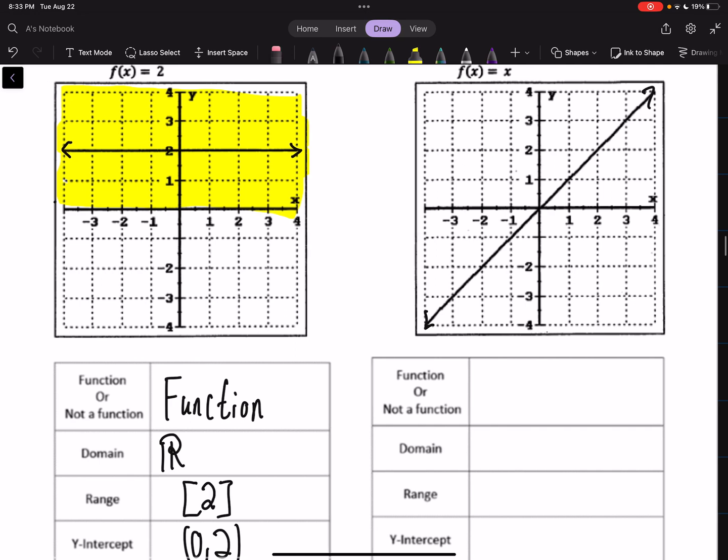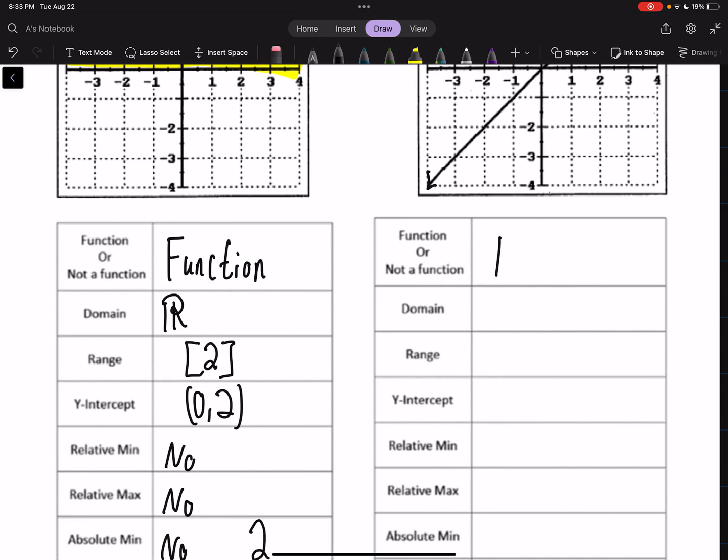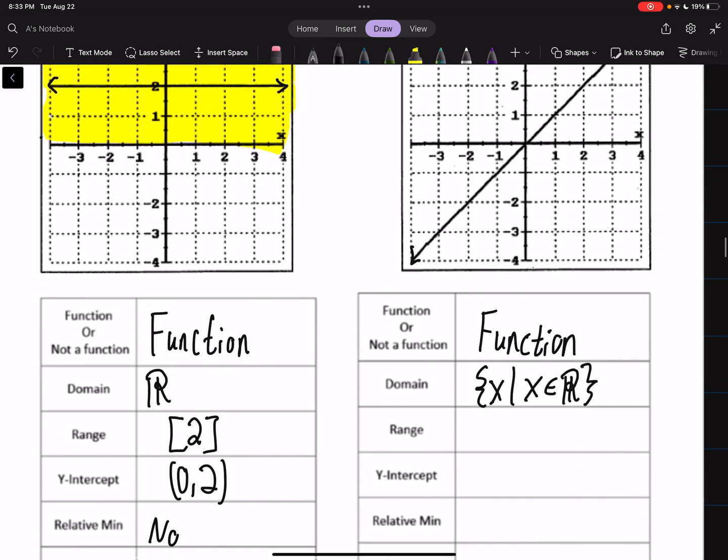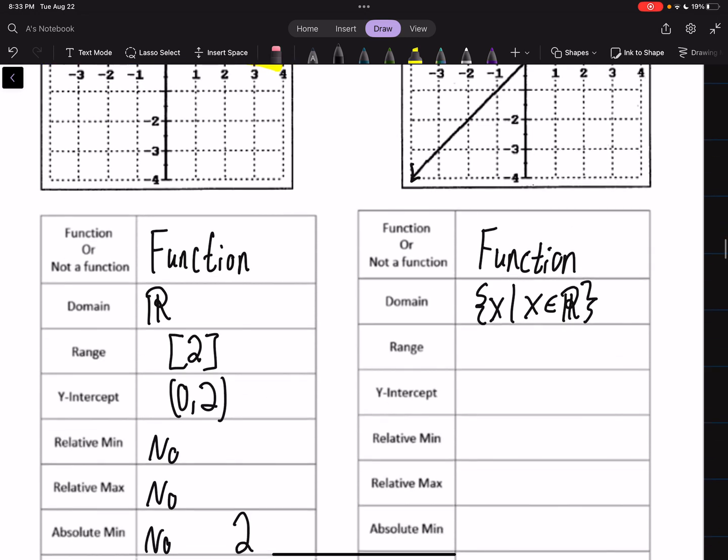Alright, linear. It's a function. I'm going to use set builder notation for domain and range. The set of x values where x is in the real numbers. The arrow is going right, arrow is going left. Range, the arrow is going down and the arrow is going up.